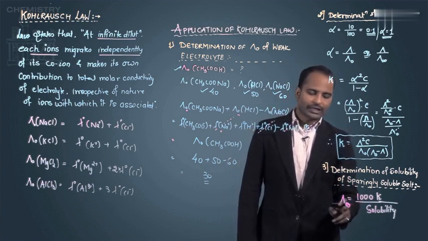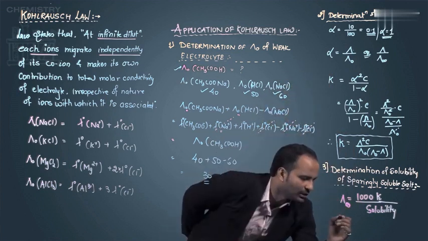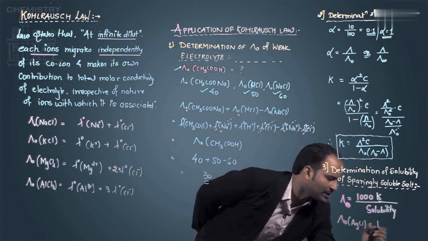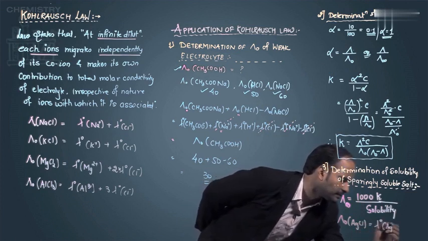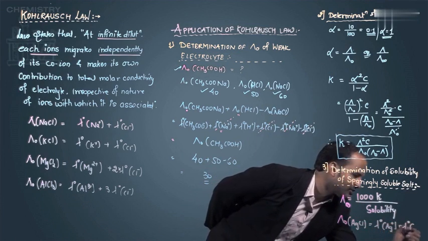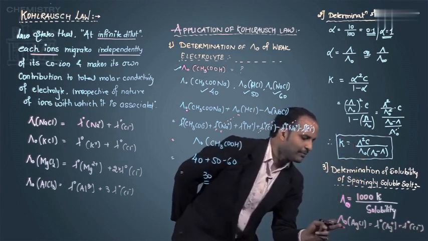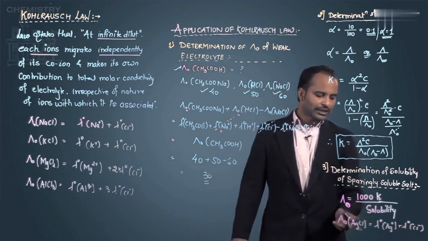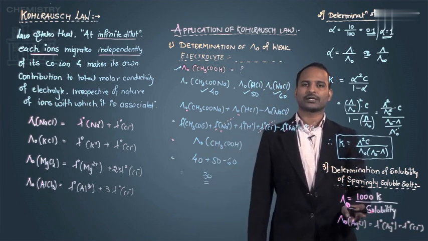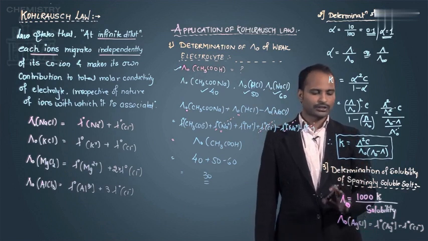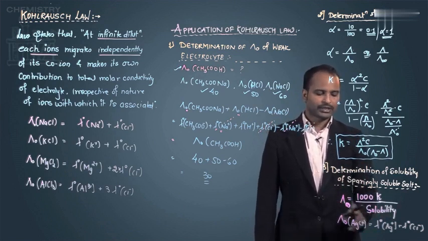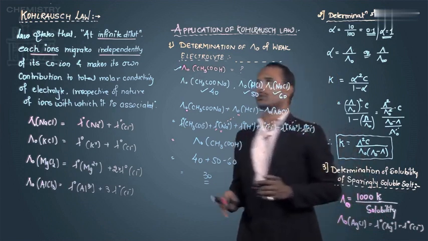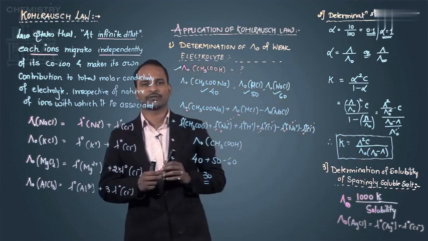For getting the lambda naught value for a sparingly soluble electrolyte, like AgCl, I will use the formula lambda naught of Ag plus plus lambda naught of Cl minus. So to get that lambda naught value, again we are using the same Kohlrausch's law, and once I get the lambda naught value, from this we can calculate solubility also. For the solubility we have this formula, that is lambda naught is equal to 1000 K upon solubility. So this is Kohlrausch's law, and we have these three applications of it.